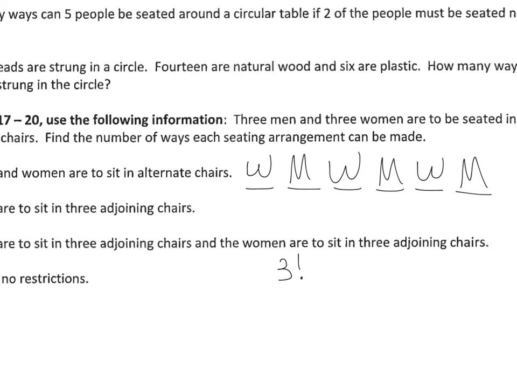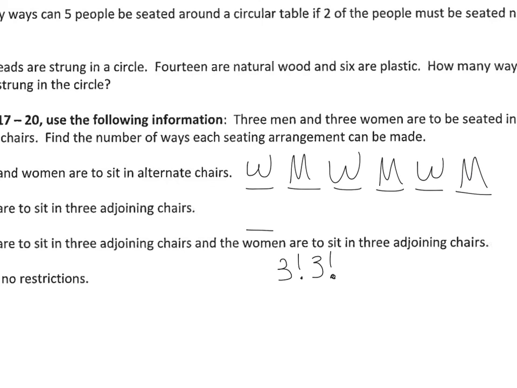And for each position of the women, we have each arrangement of the men, and that indicates multiplication. All the different ways that we could arrange the men would be 3 factorial. So we take 3 factorial times 3 factorial, because for each arrangement of the women, we have each of the configurations of the men, and therefore we multiply them.